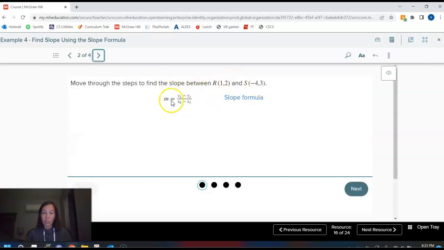So here are our points, and here's the formula. We're going to pick one of these to be x1, y1, and we'll pick one of these to be x2, y2. So in place of y2, we put 3. In place of y1, we put 2. So we're subtracting the y's, and then we're subtracting the x's. And since I picked this y first on top, this x has to go first on bottom.